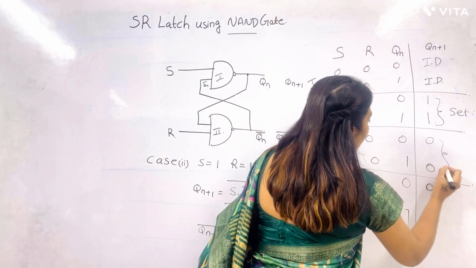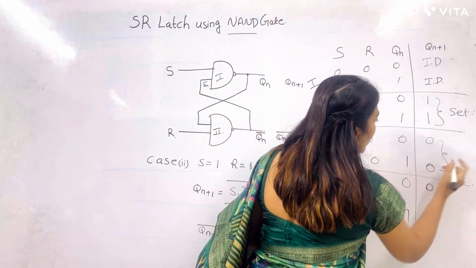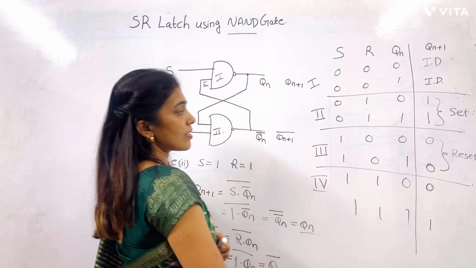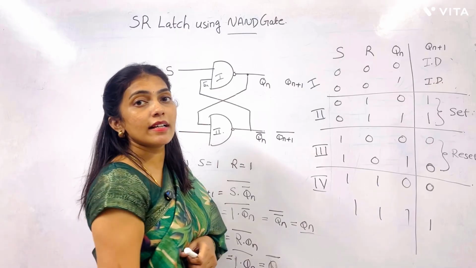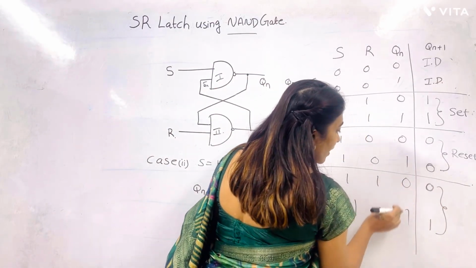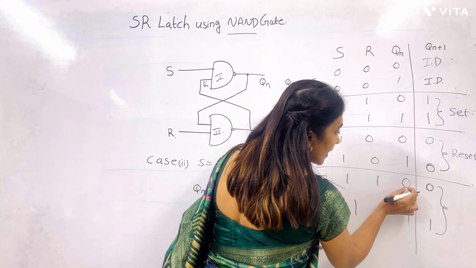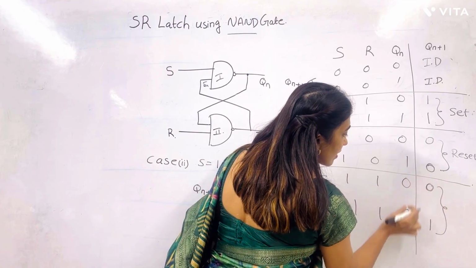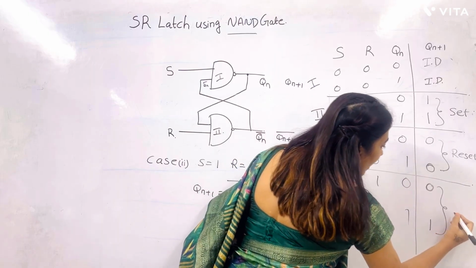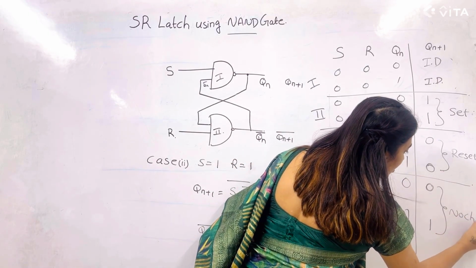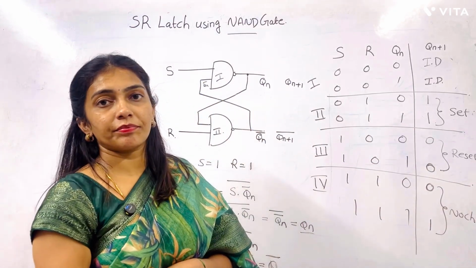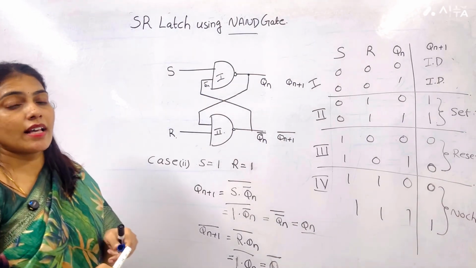Next, third case we got 0, that is reset condition. And in the fourth case, whatever Qn is there, simply that present state value is the next state value. So that is no change condition. This is the truth table for an SR flip-flop.